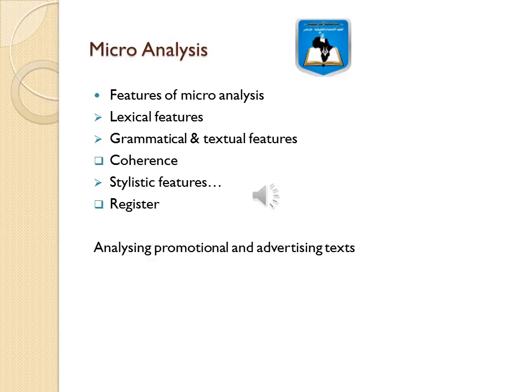So we do all this sort of analysis in order to reach our goal in rendering a text from source language to target language. And there are some aspects or features under this microanalysis, and we start with the lexical features, and we get to know what it is.